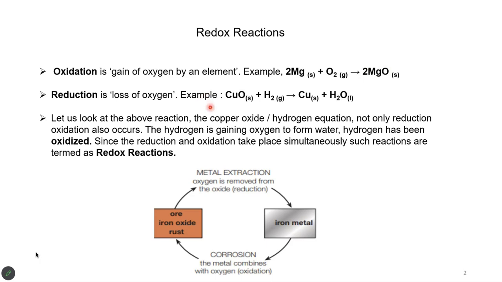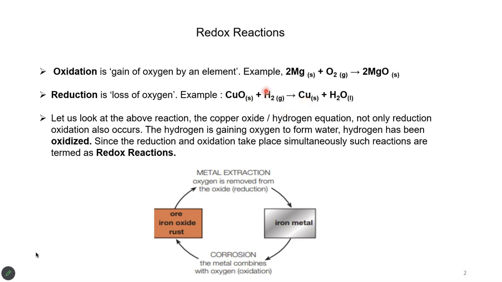Similarly, reduction is loss of oxygen. If we take copper monoxide and react it with hydrogen, we get copper metal and water. This is reduction. In this reaction of copper oxide and hydrogen, copper oxide is reduced to copper metal.